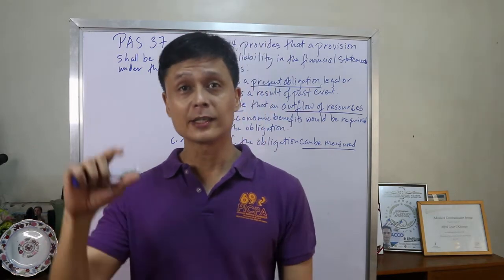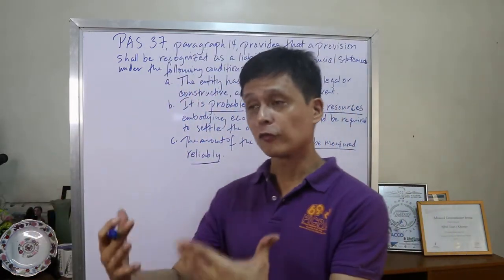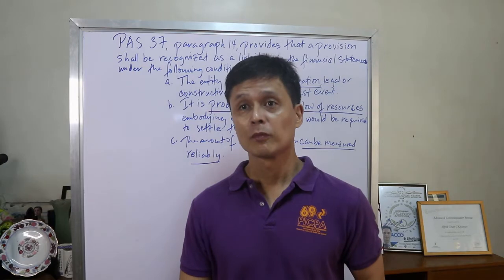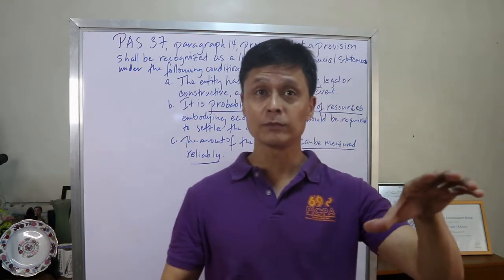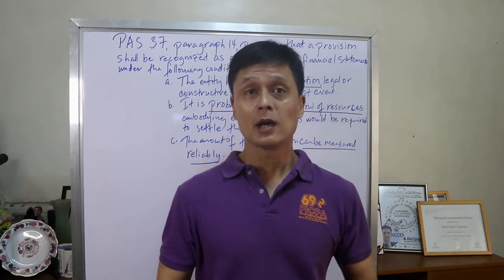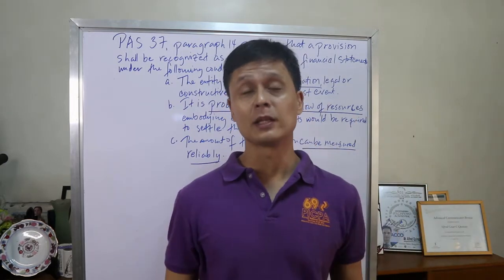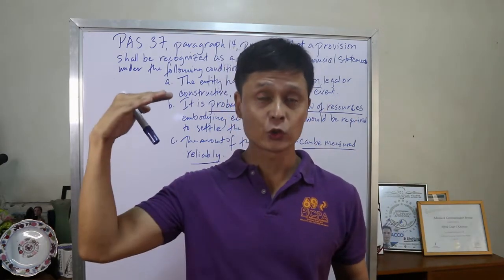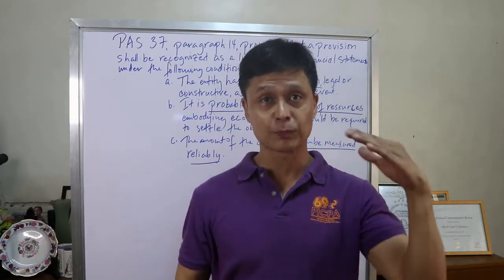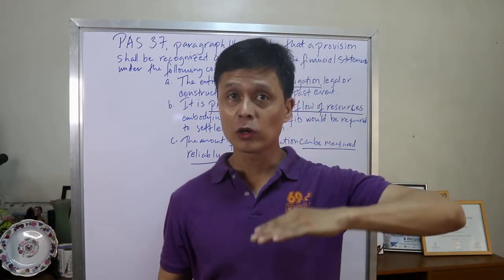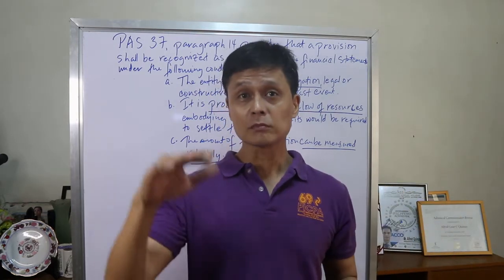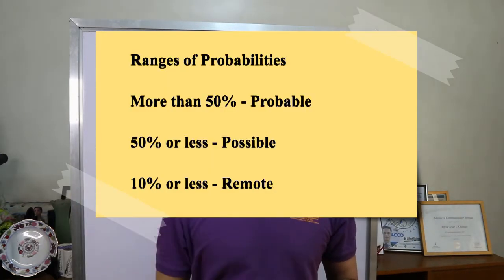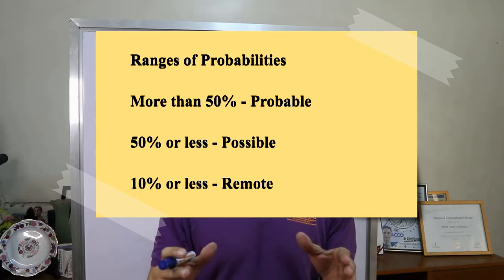So yung word is yung probable na outflow of benefits para ma-record siya sa accounting or i-accrue siya as a liability. So merong ranges yung probability na yun, whether it's probable, possible, or remote. So if it's more than 50%, then it's probable.